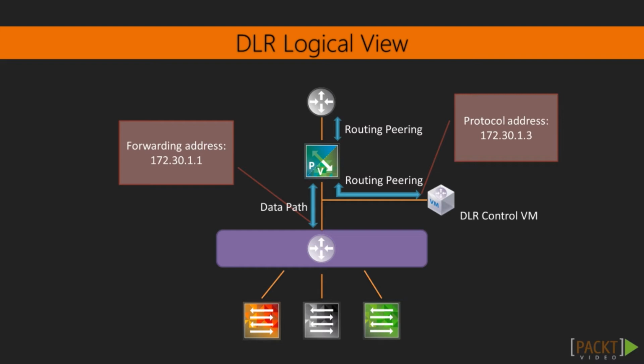So the edge exchanges the routing information with the DLR control VM, and the DLR control VM is responsible for passing that piece of information by pushing routing table updates to each of the kernel modules. On the other hand, the forwarding address is used with the data path between the edge and the DLR.